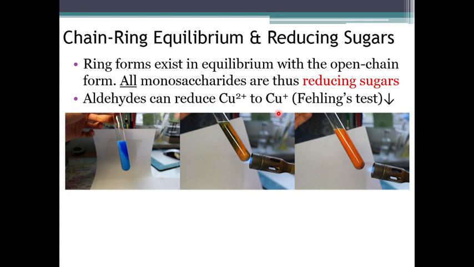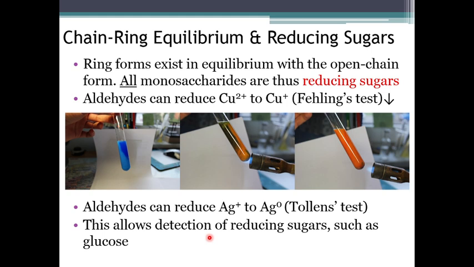This allows detection of reducing sugars such as glucose. Remember, this is important: glucose is a monosaccharide, and monosaccharides have aldehydes because the ring conformation can also become a linear conformation. Because of the presence of aldehydes, monosaccharides are reducing sugars because they reduce copper 2+ to copper+ or silver+ to silver 0.